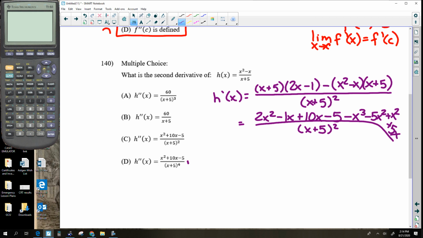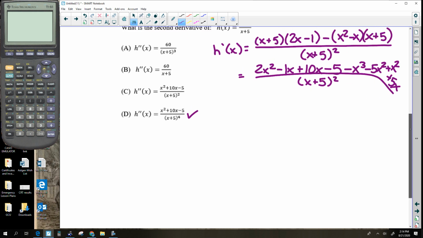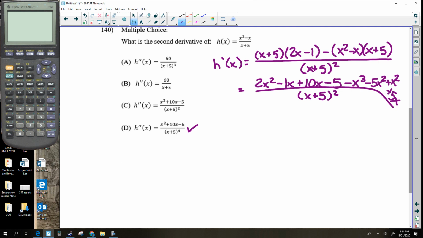I'm guessing right now it's going to be that bottom one right there. I'm guessing because you keep squaring the denominator, and so in my mind that will end up to be an x to the 4.